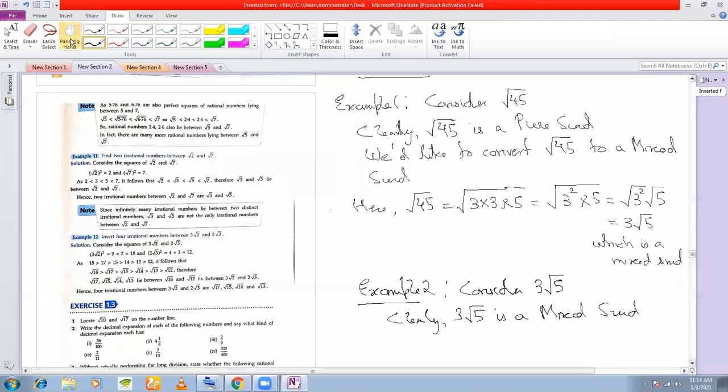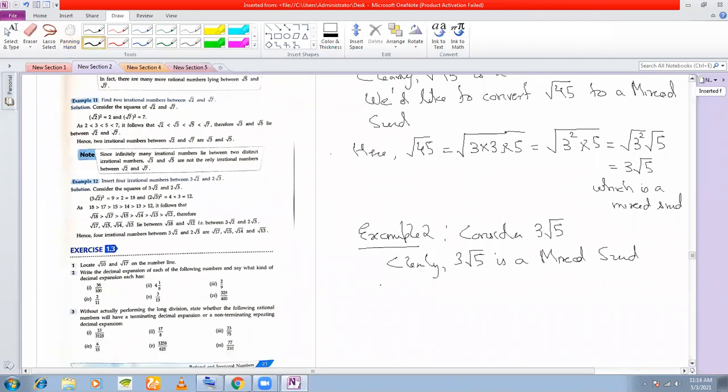We'd like to convert this mixed surd to a pure surd. How do you convert this to a pure surd?